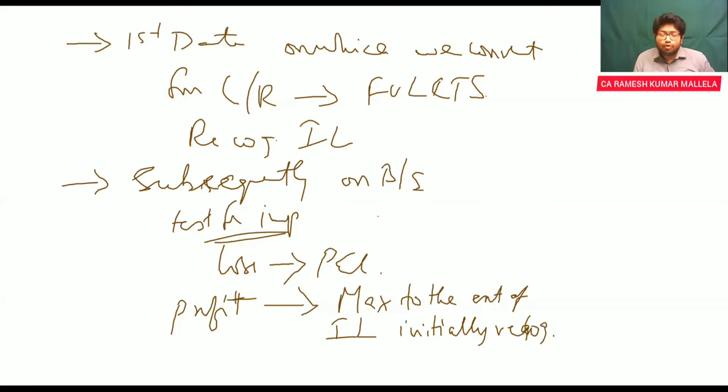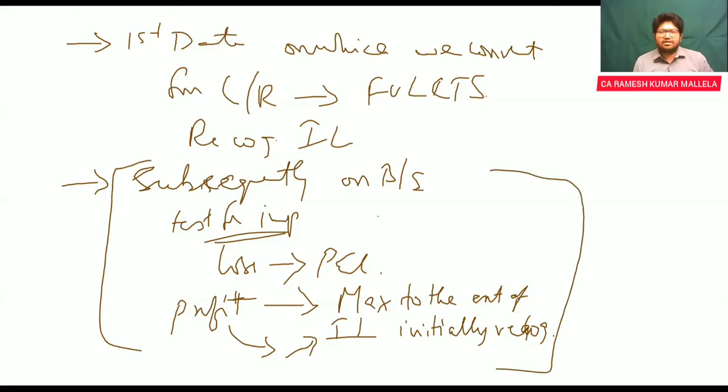That's all. Post that, don't recognize. That means whatever profit you get, maximum up to the impairment loss value, you take it into P&L. Otherwise, you would not take it at all. This is what's supposed to be done on every subsequent balance sheet date. Clear? Now, post this.